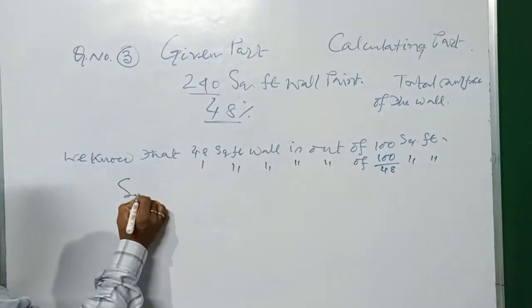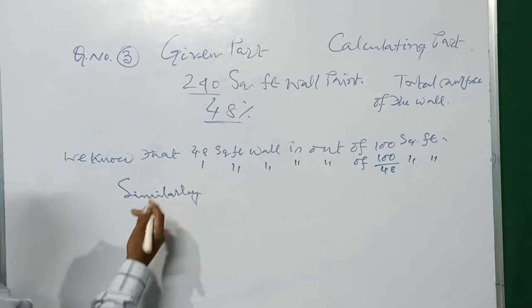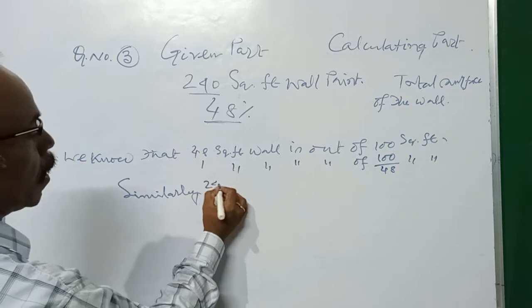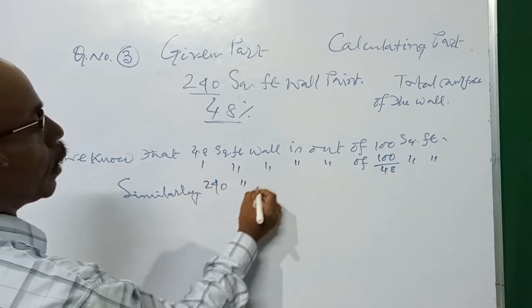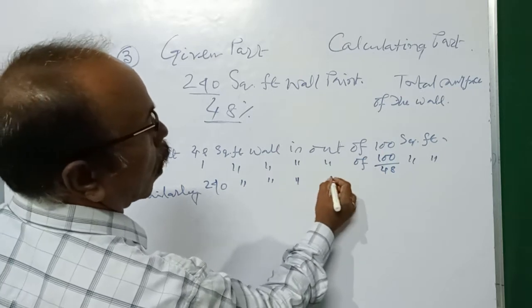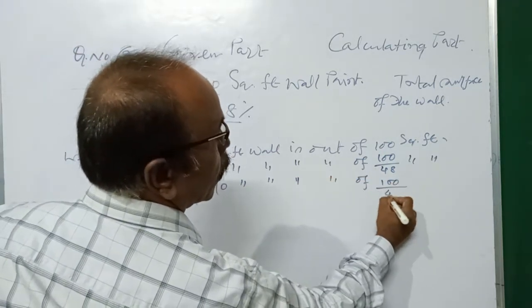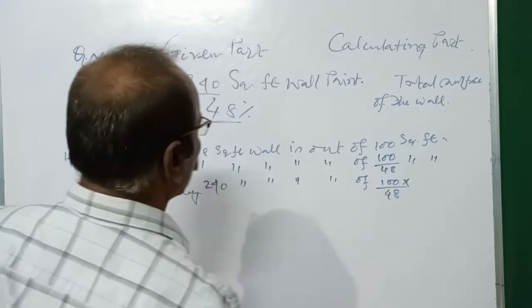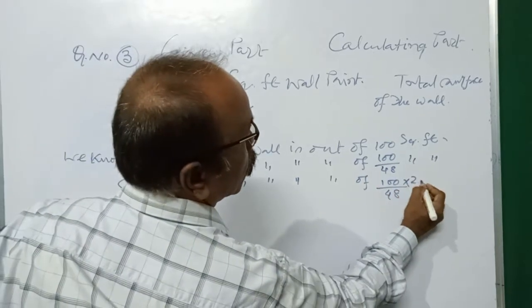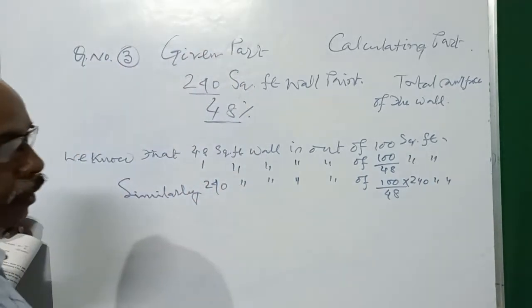Similarly, 240 square feet of wall is out of 100 divided by 48 into 240. Am I clear?